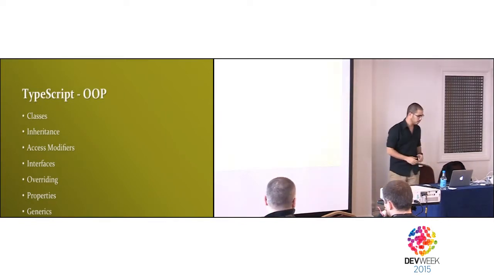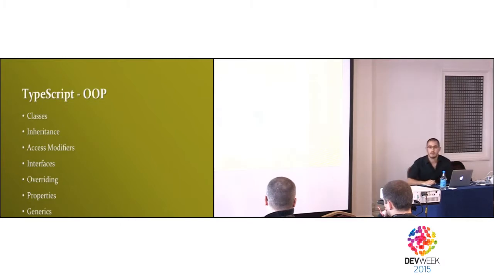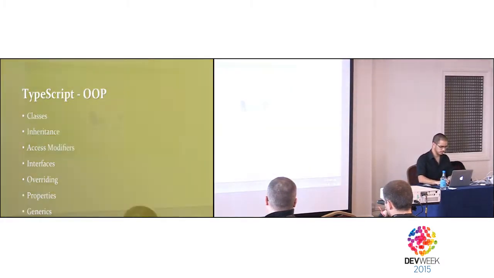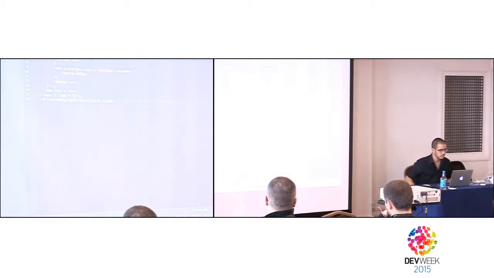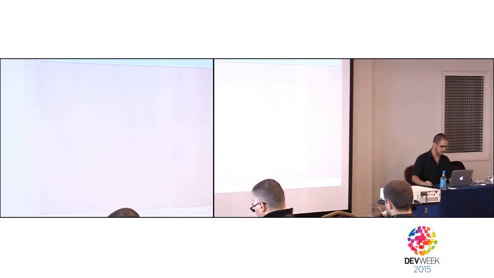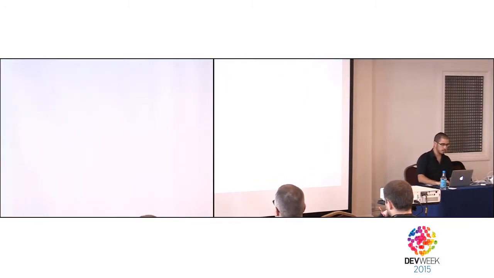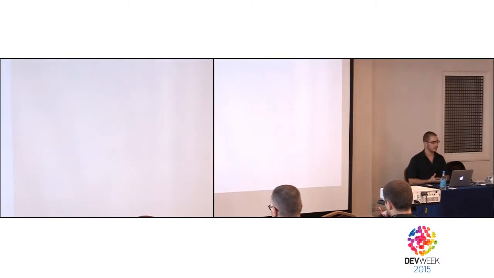So let's try a bit to use this object-oriented thing. We are back to our data object, and I'm going to create a different class. I'm going to create a couple of classes, create inheritance between them and do a few tricks like overriding things and using interfaces.